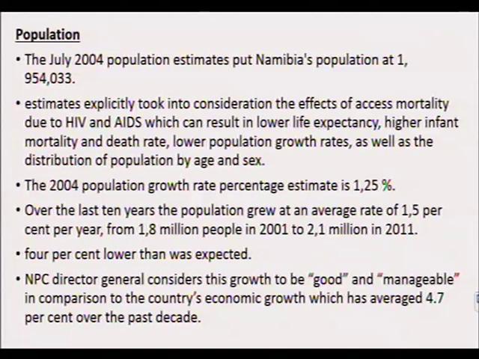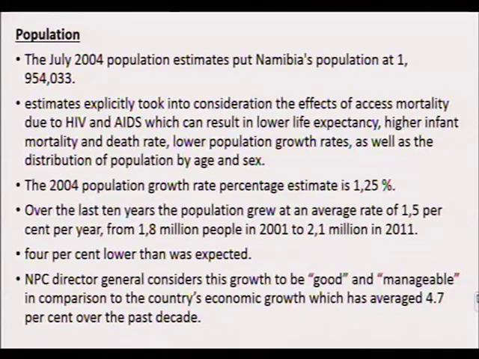The estimates took into consideration the effects of mortality due to HIV and AIDS, which can result in a lower life expectancy. It also looked at the higher infant mortality and death rate and the lower population growth rates, as well as the distribution of population by age and sex.